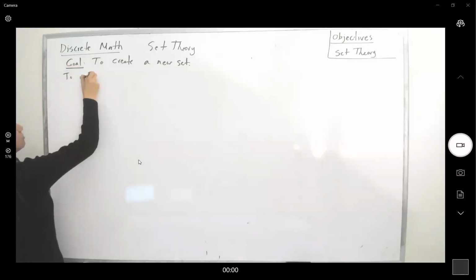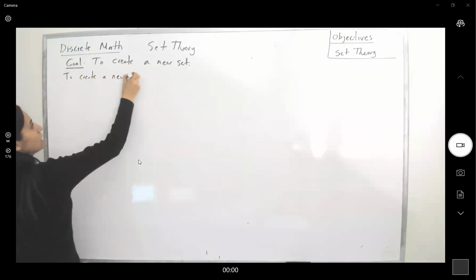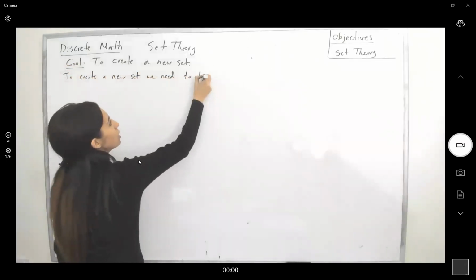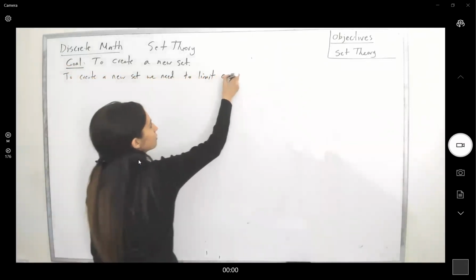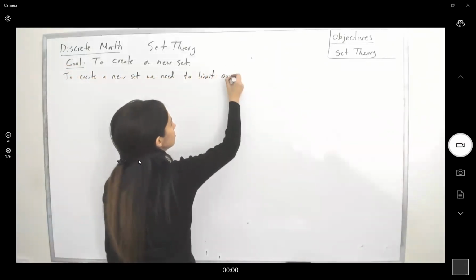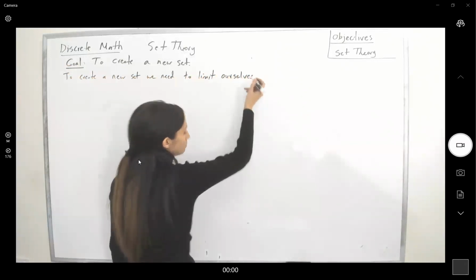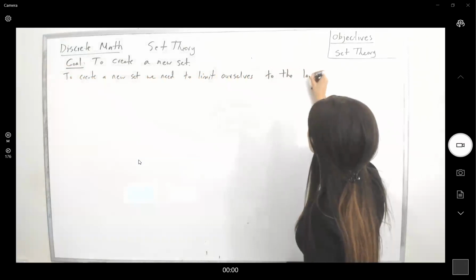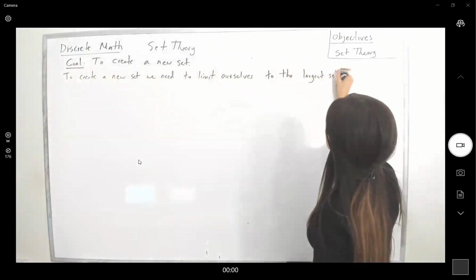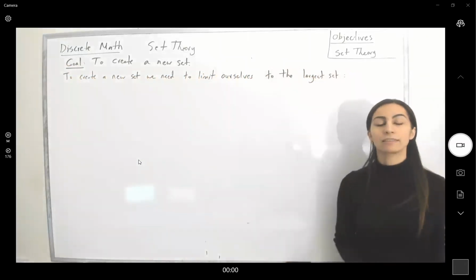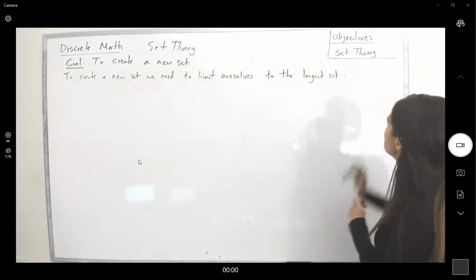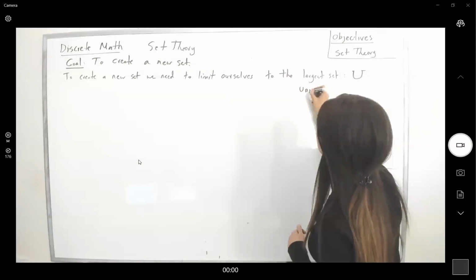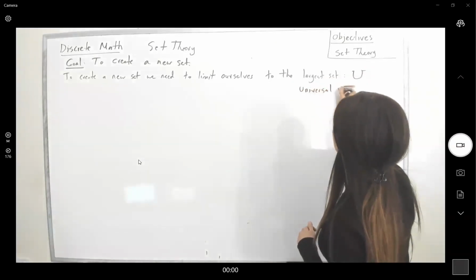To create a new set, we need to limit ourselves to the largest set. This largest set is called the universal set, denoted by U.